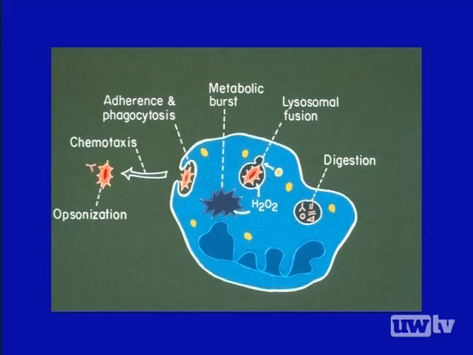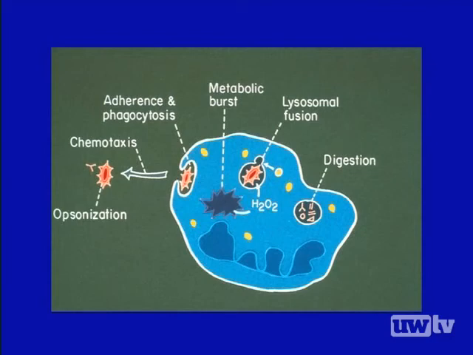It's a burst of energy, consuming some of that glycogen I mentioned a moment ago, and in this process, the bacteria is inside what we call a vacuole, and the neutrophil dumps its enzymes from these granules into that vacuole and actually kills and digests the organism inside the vacuole.